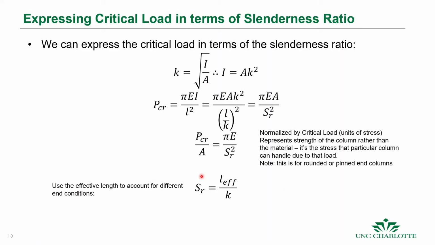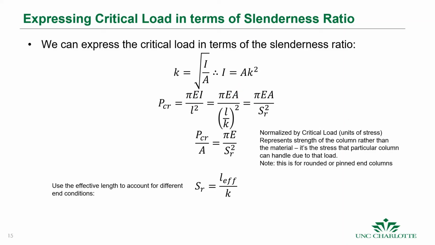Now, what's useful is for us to express this critical load in terms of the slenderness ratio. We said earlier that the radius of gyration k is the square root of I over A, so we can solve for I. I is A k squared. We can calculate the critical load from the equation in the previous slide, and we can replace I here with this A k squared.